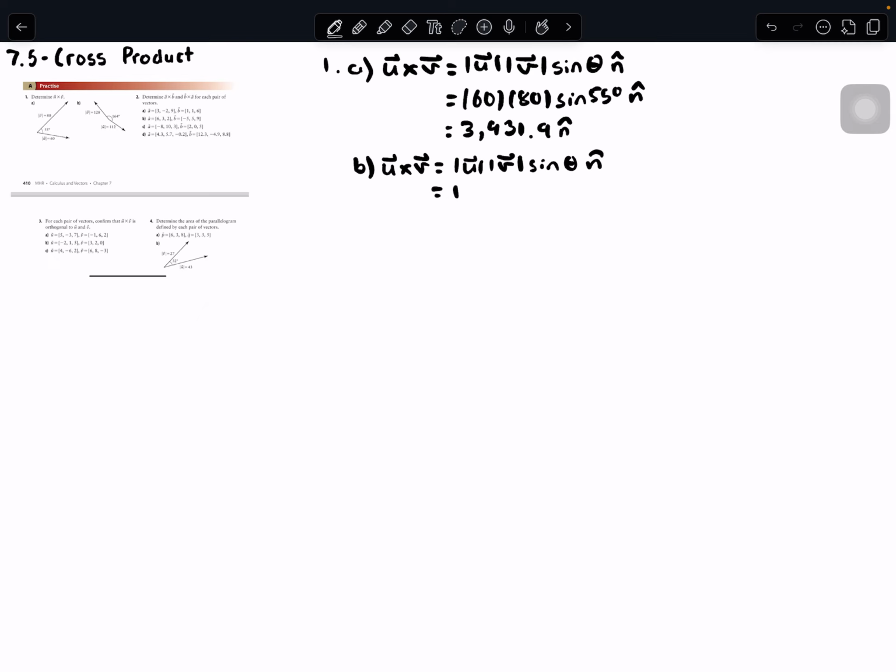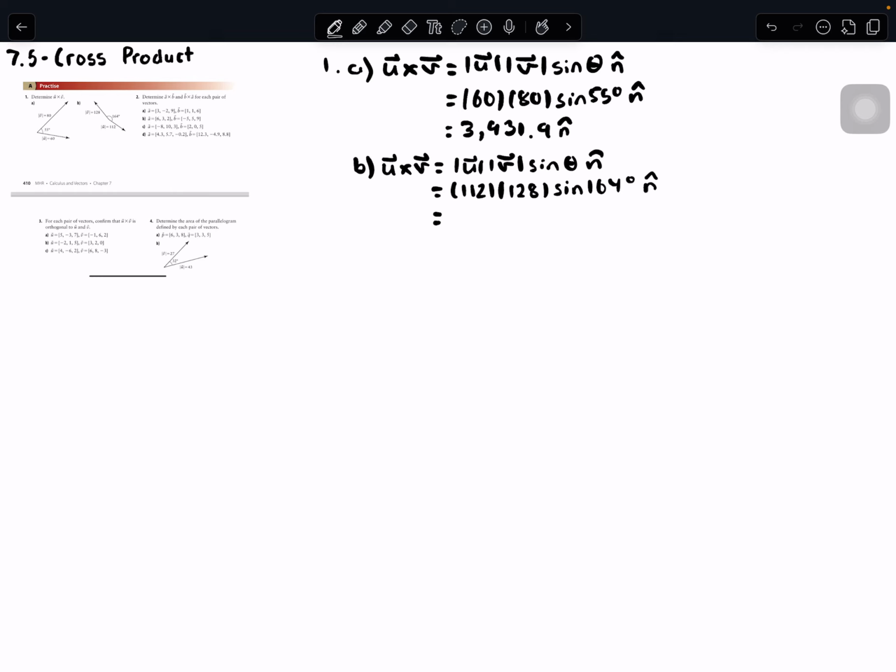Mod U in this case is 112, times 128 times sine of 164 degrees n hat.